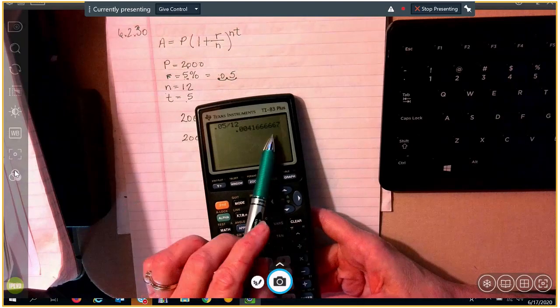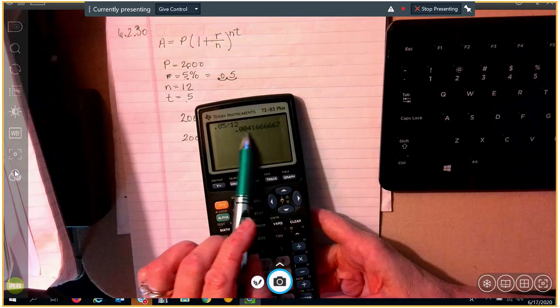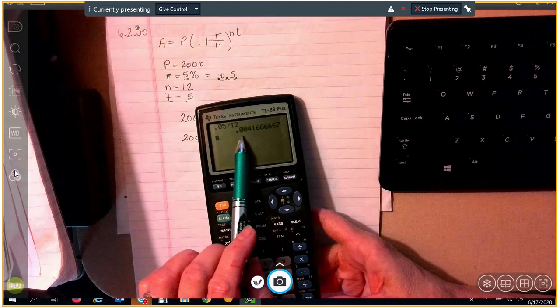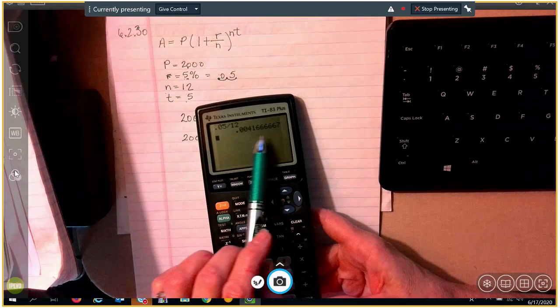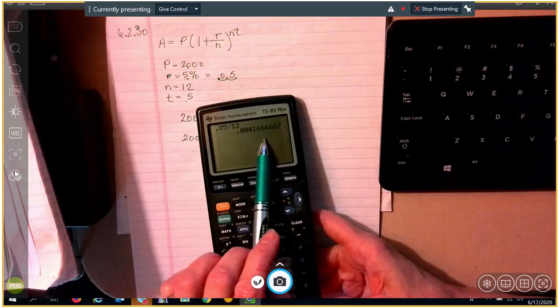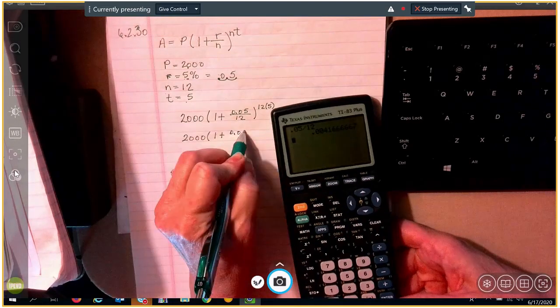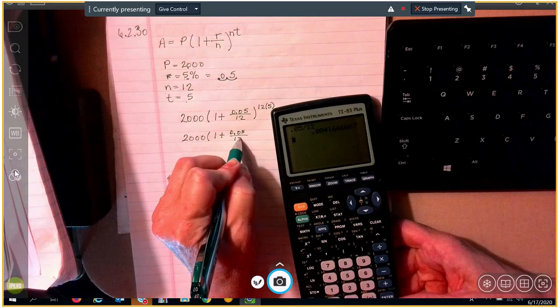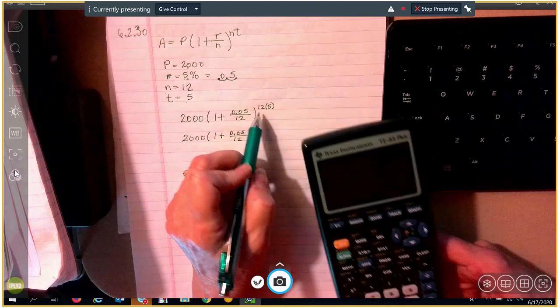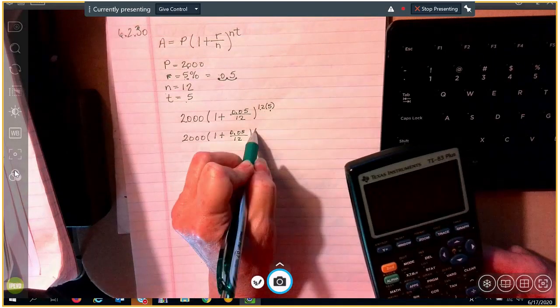This 7 means that it's ended up rounding this number. And because I'm getting such a long number, I'm not going to do this right now. I know that sounds kind of weird, but I would just go ahead and write this as 0.05 divided by 12 raised to the 12 times 5, which is 60.